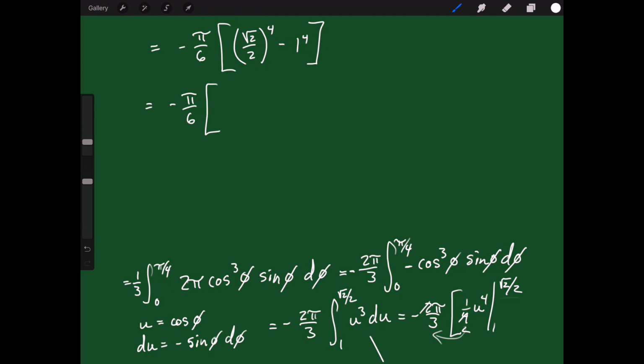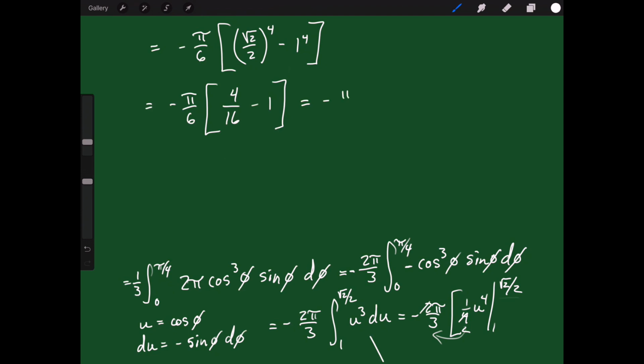Square root of 2 to the 4th is 2 squared, which is 4. And 2 to the 4th is 4 squared, which is 16. So this is 4 over 16 minus 1. Okay, well, 4 over 16 is otherwise known as a 4th.